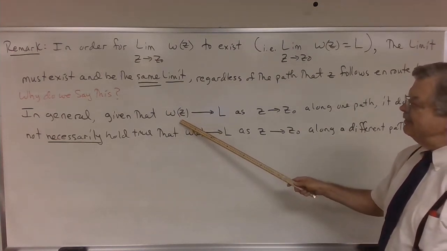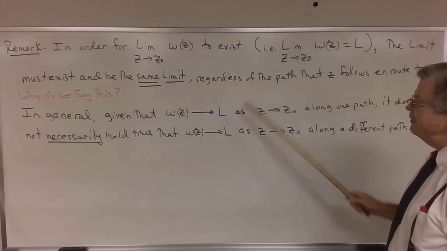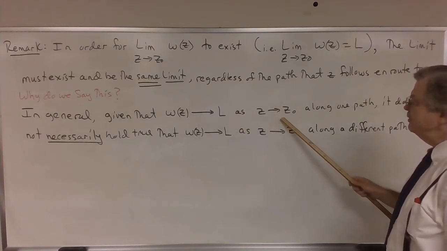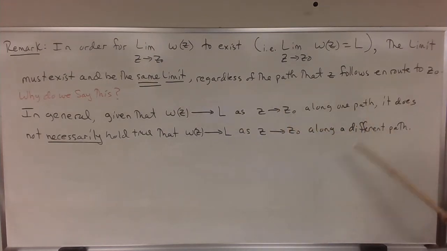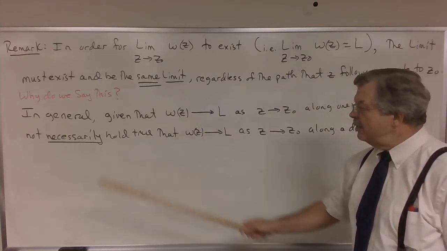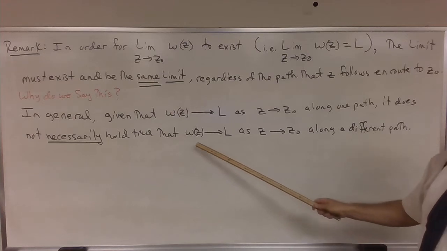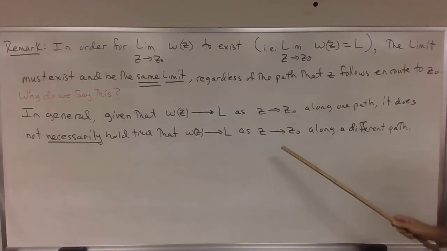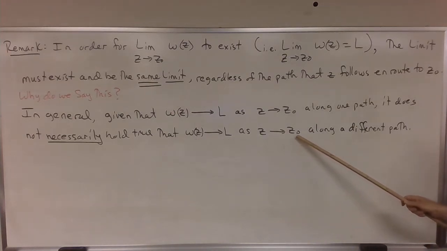Given that the function w of z approaches L as z approaches z naught along one path, it does not necessarily hold true that w of z approaches L along a different path.